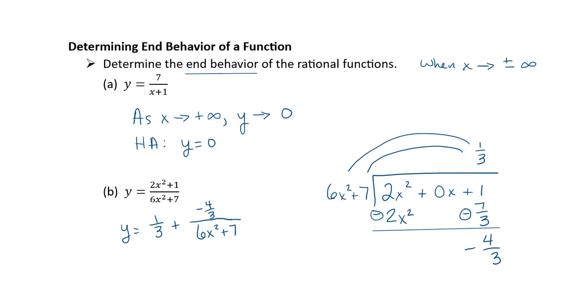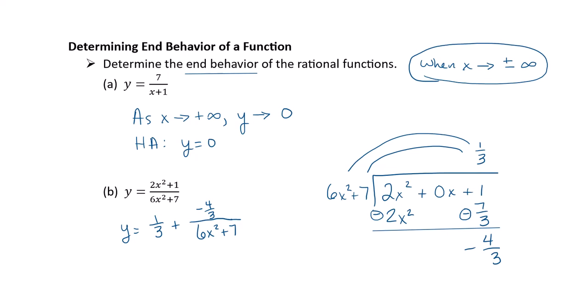Now, if we think about when x is approaching either positive infinity or negative infinity, we want to talk about when x is getting to be very large values. The denominator of this fraction will get very large, causing that fraction to approach 0.